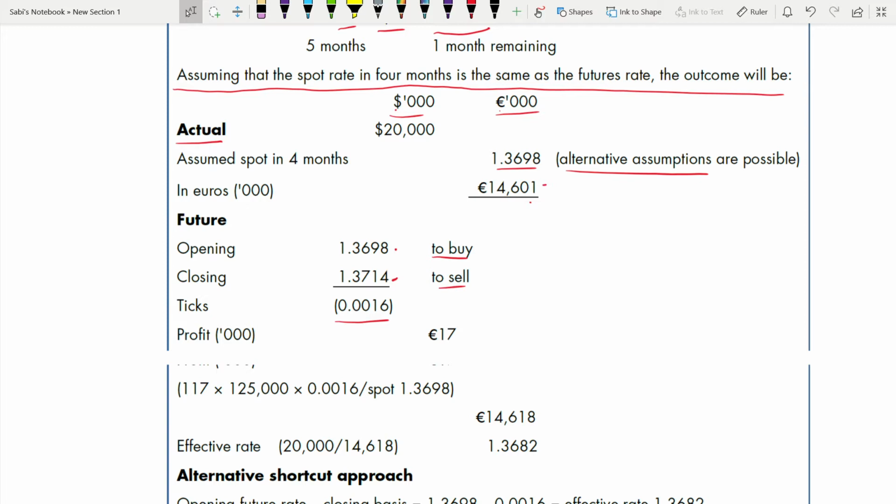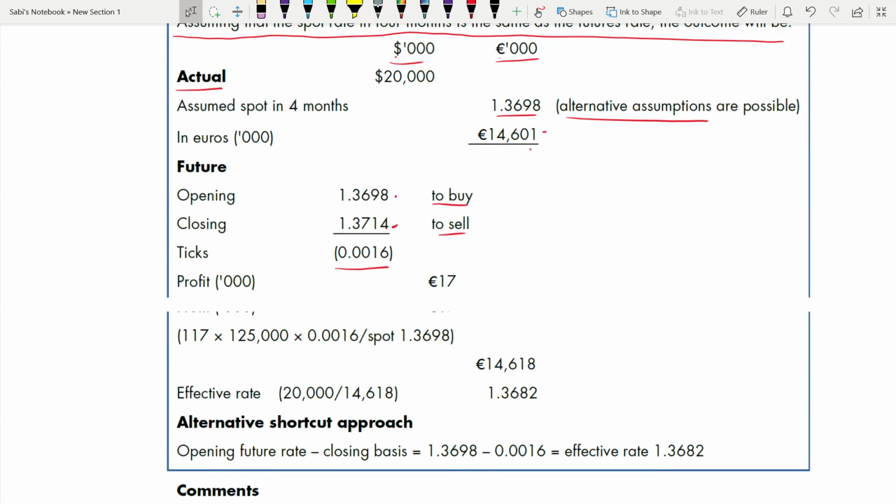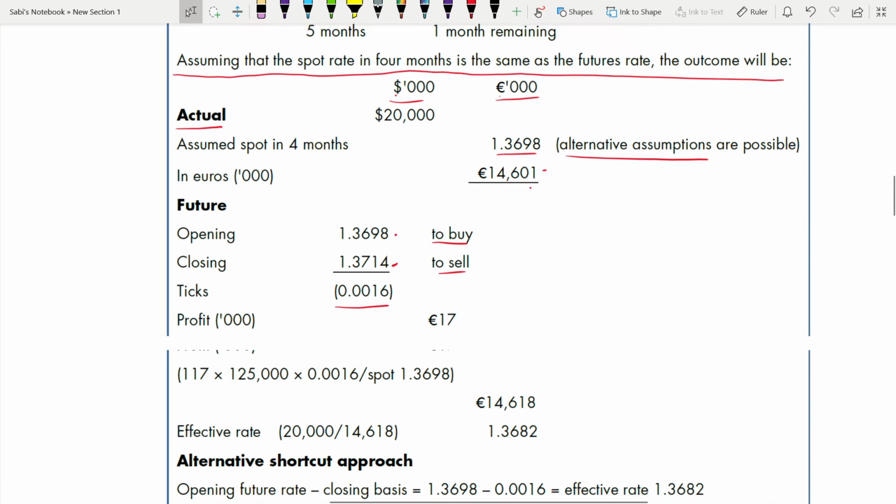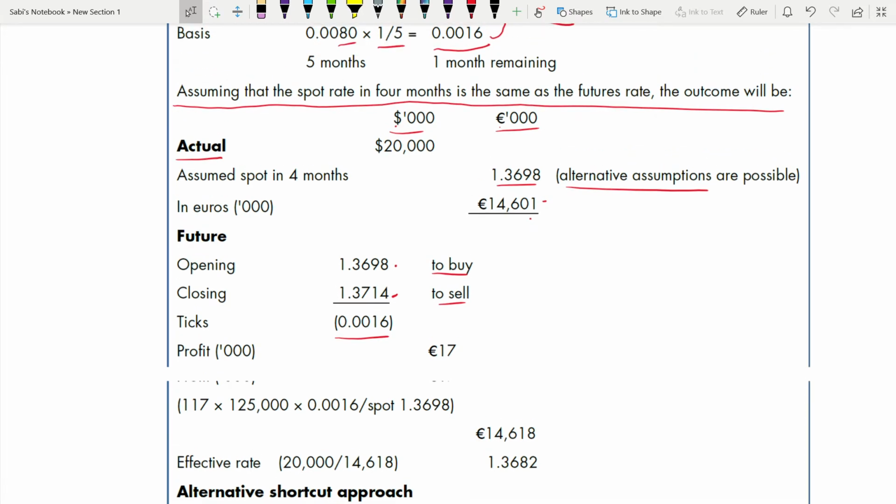Okay, so here also they have rounded up. How have they got this profit? It's here. This is the way they have got that 17.